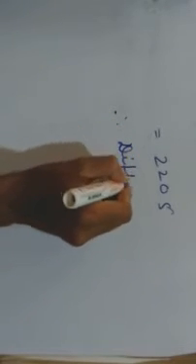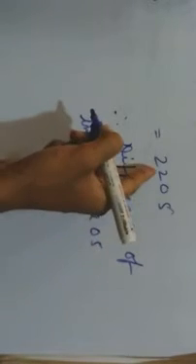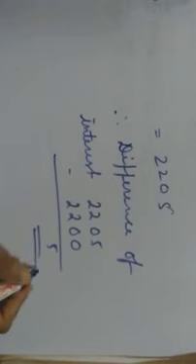What do we have to calculate? The difference in interest between Sudhir and Prasan. Prasan will get 2205 rupees after 1 year and Sudhir will get only 2200, so 5 rupees. This is your answer. Only a 5 rupees difference.